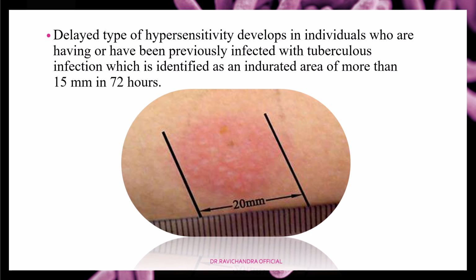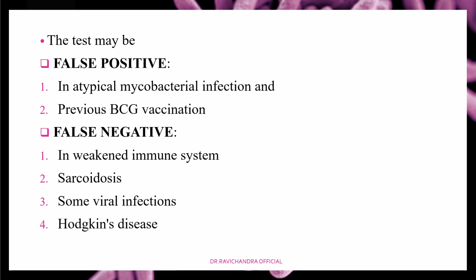So for Mantoux test to be positive, the induration should be more than 15 mm in 72 hours. That is, after the testing dose, 72 hours after that, if it is more than 15 mm, then it is Mantoux test positive.